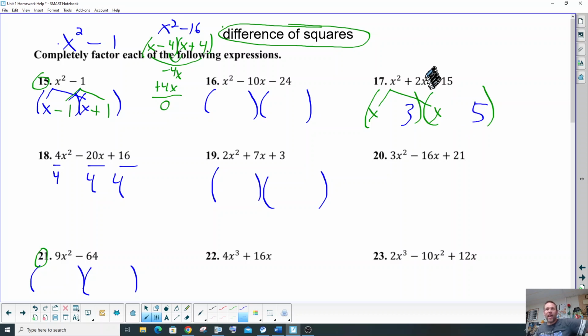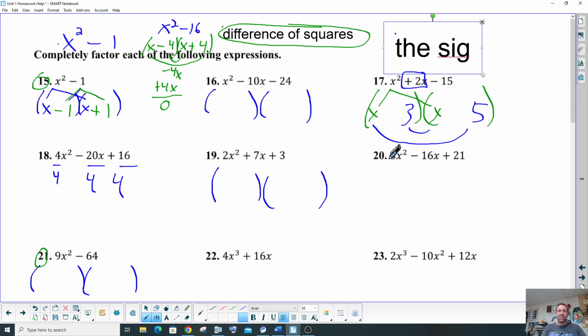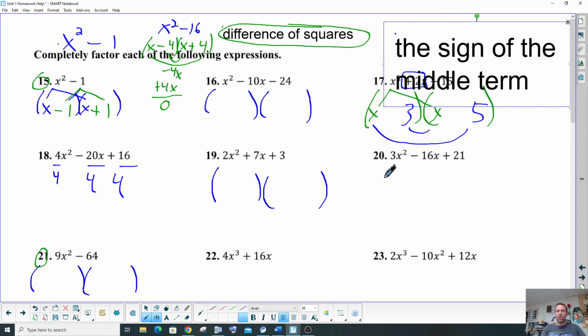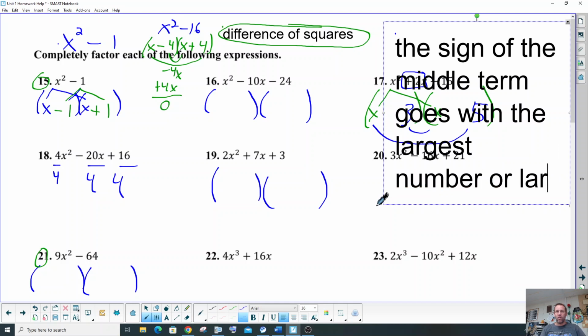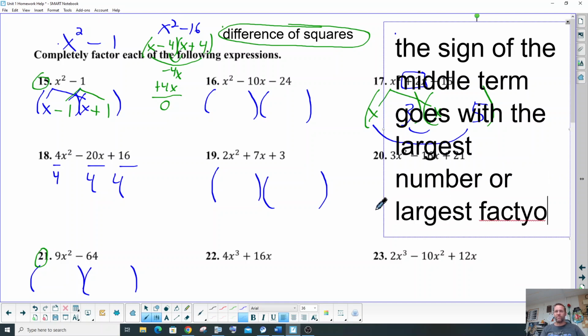But 3 times 5, and we want it to equal 2x when you do the nose and the mouth, right? And so a phrase I want you to memorize is the sign of the middle term goes with the largest number or largest factor.